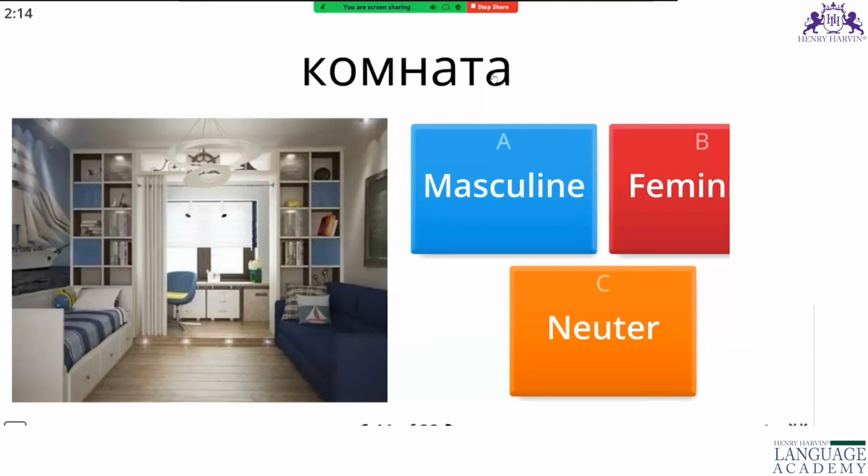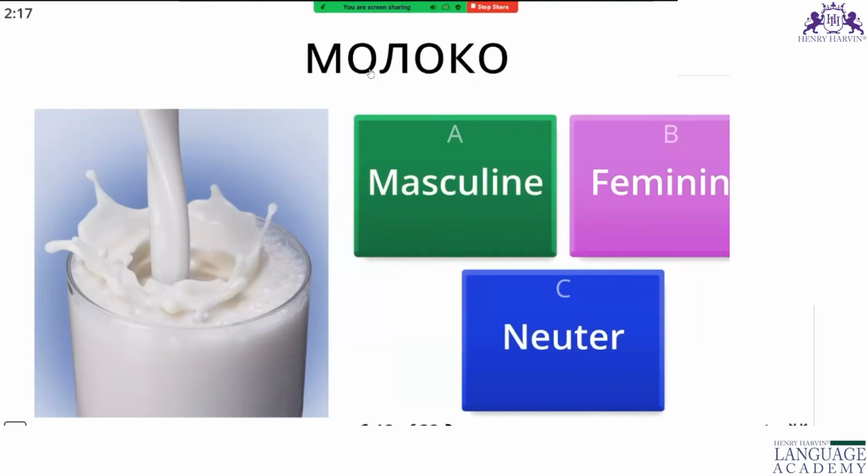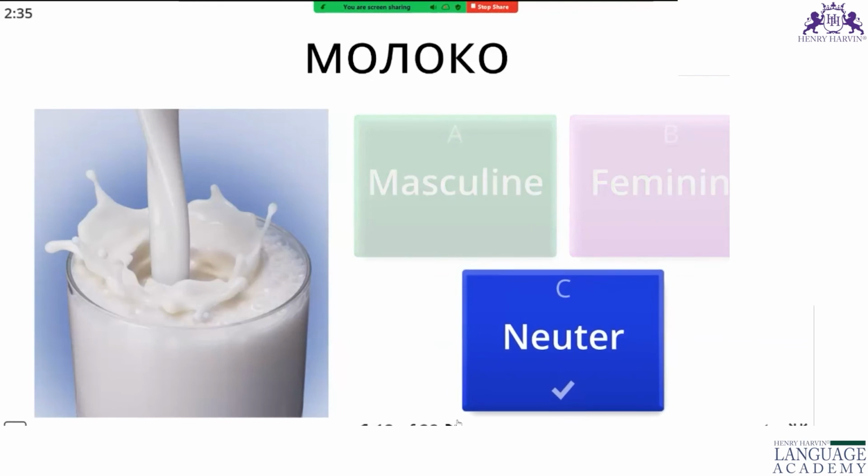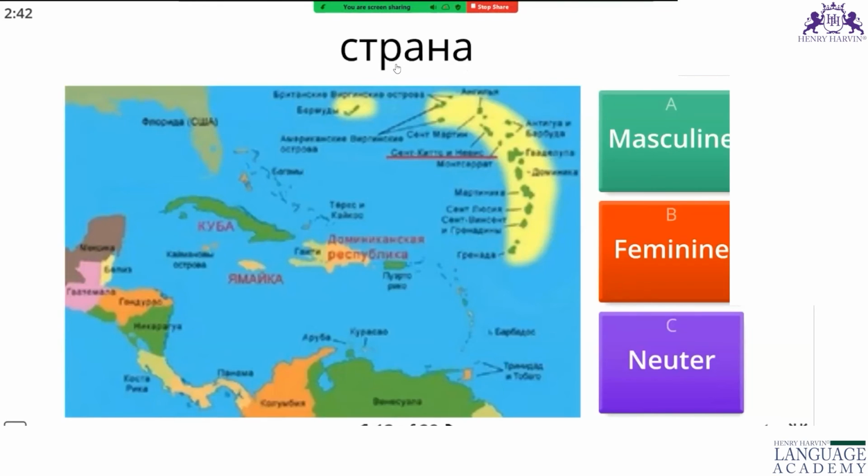Ending A, feminine. Yes, feminine. Moloko. Masculine. See, ending is O. It means neuter. Check the rule again. Oh, it's neuter. Okay. Neuter. Moloko. Try to read this word. Strana, feminine. Feminine, yes, because ending A, strana is country.